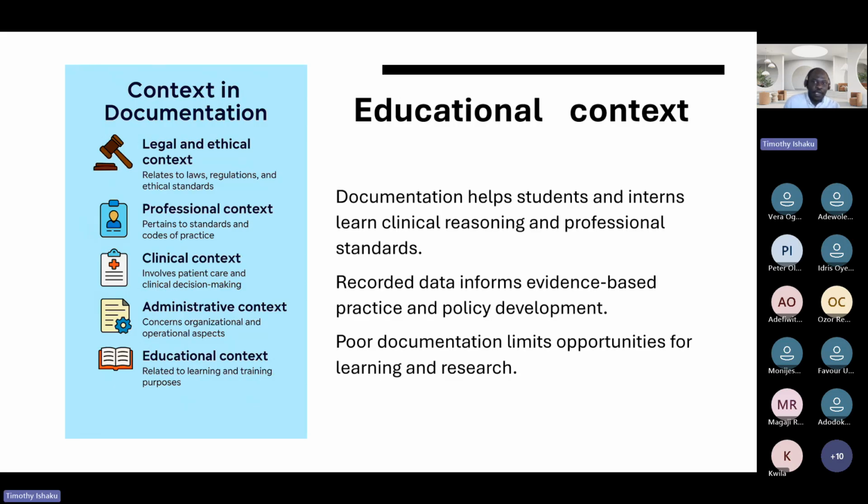It can be used also in terms of quality improvement, evidence-based practice, policy documentation, and there are proper opportunities for learning and research. In the UK, for example, there is a national data collection system. In stroke rehabilitation, for example, they are expected to report how much time they spent with the patient.